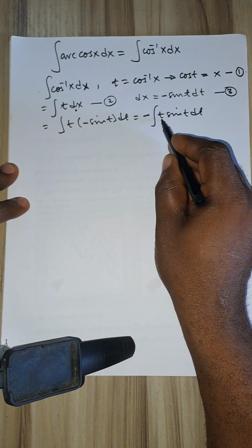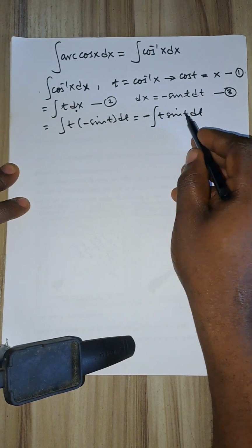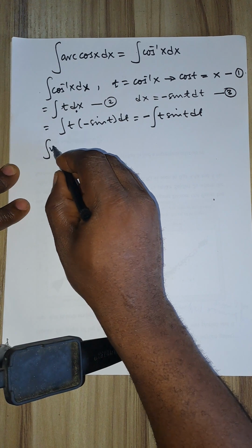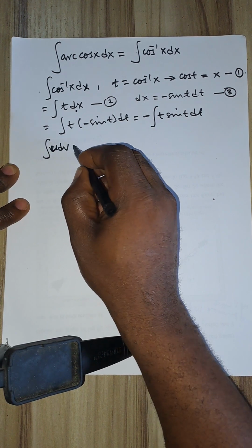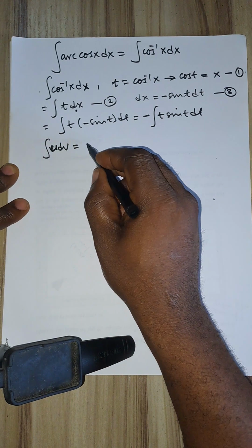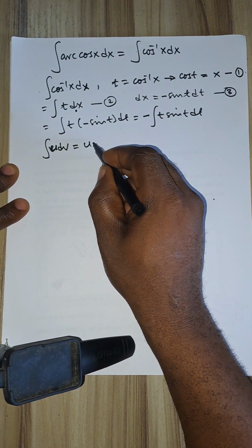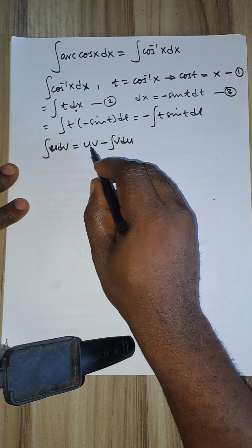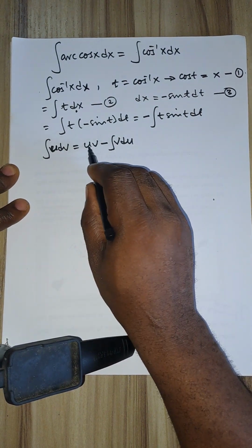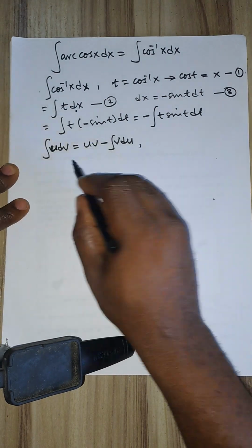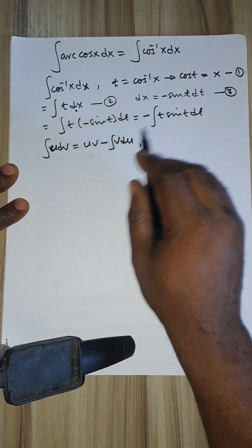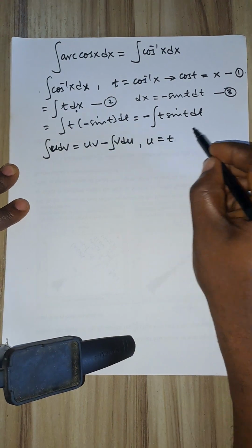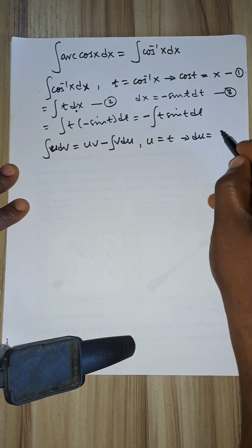Because t is a function and sine t is a function, it's a product of two functions. Integration by parts says if you're integrating u dv, you subtract the integral of v du from the product of u and v. Our choice of u has to be convenient. So u will be equal to t, so that du will be equal to dt.